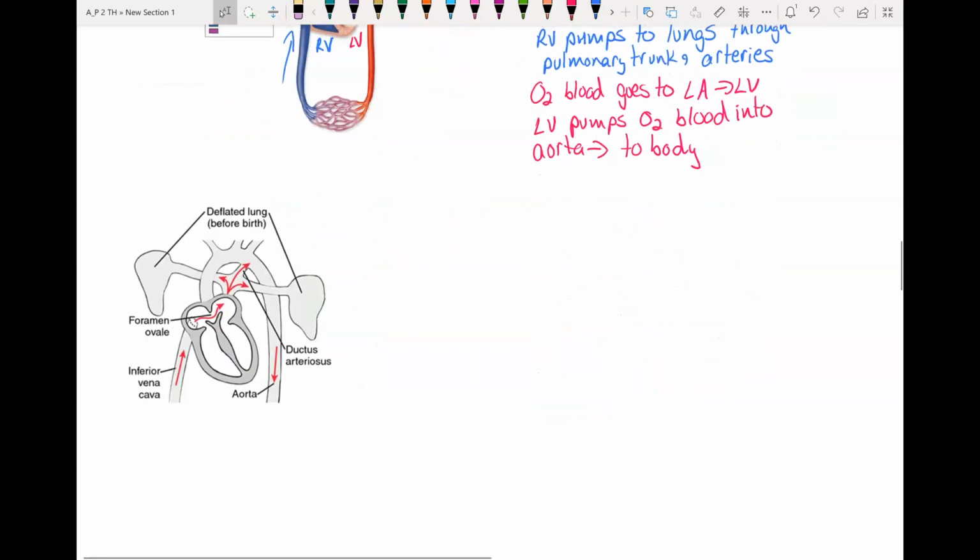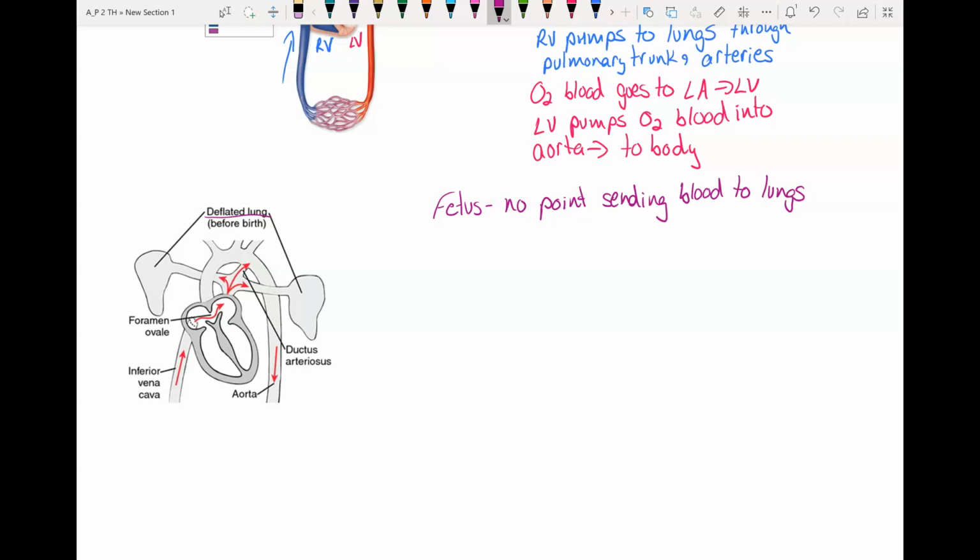Now we can look at that same setup, but in a fetus. So in a fetus, there's no point in sending blood to the lungs. See, it says deflated lungs. A fetus is getting oxygen from the placenta, so they don't use their lungs yet.